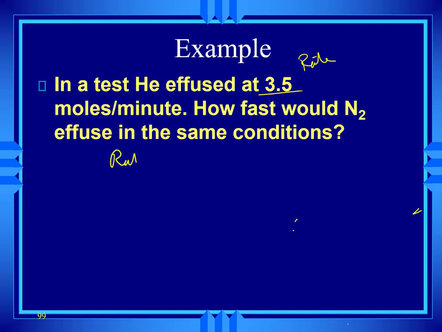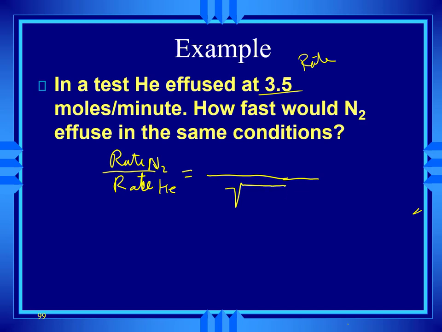So rate of, I've got 2 rates I've got to compare. And the rate, I want the rate for nitrogen. So I'm going to put the rate for nitrogen on top because I like solving for things on top better than solving things on the bottom. It doesn't matter which one you choose. It just makes the math easier if you pick nitrogen for the top. Otherwise, you have to solve for something on the bottom.